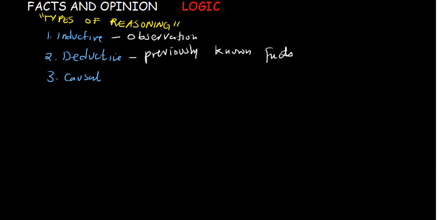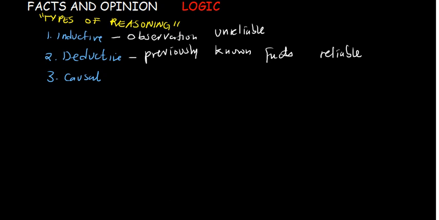Such judgment, based on what was previously known for a fact, is what is referred to as deductive reasoning, and it is considered reliable because it is a fact previously known. You already know this. But the other one is considered unreliable because it only comes from observation.